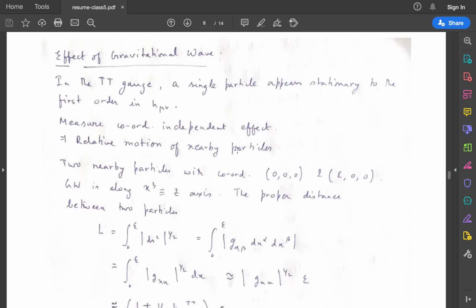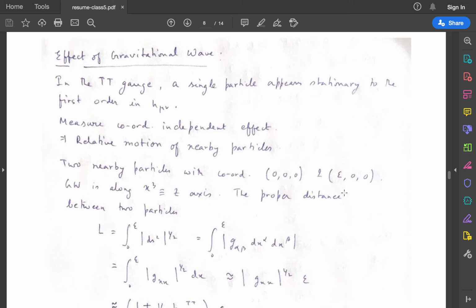To study a gravitational wave, we have to see how two particles move with respect to each other when a gravitational wave passes through them. If I can study that, then I will have the effect of gravitational wave on particles or space-time.